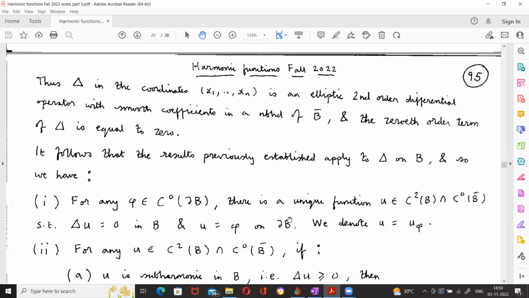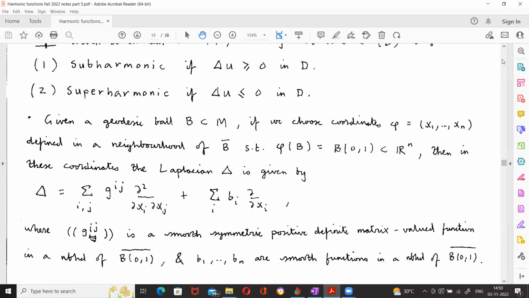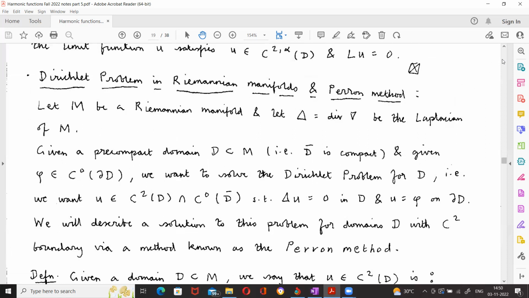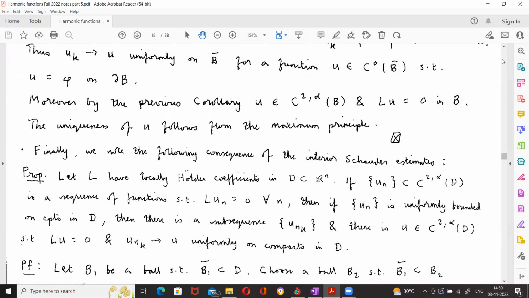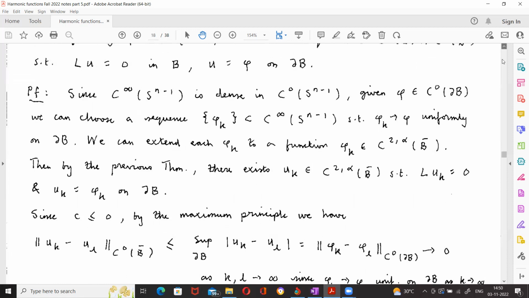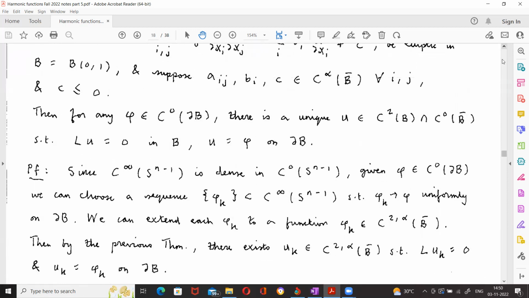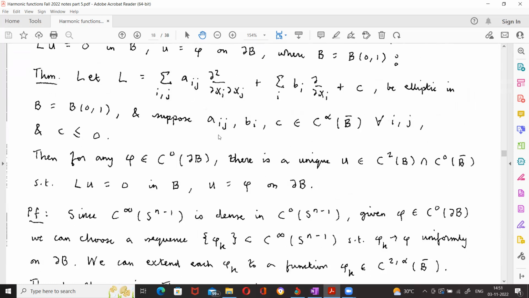So is this clear, Utsav? Yes. Okay. We just used the last theorem that we had for elliptic operators on the unit ball. L is an elliptic operator on the unit ball where the coefficients are alpha Holder on the closed ball. So for any phi continuous on the boundary, we have a u which solves Lu equal to 0 and u equal to phi on the boundary.